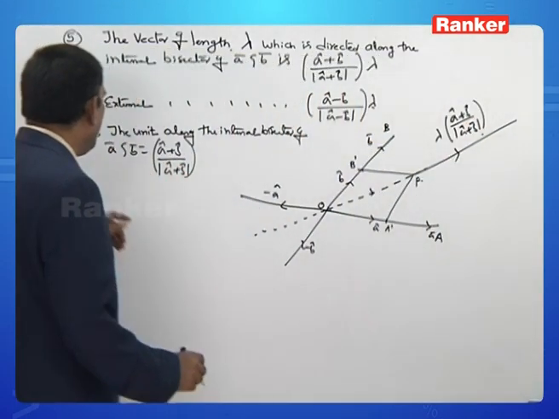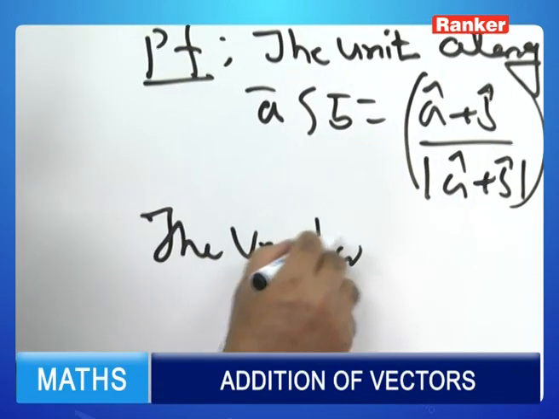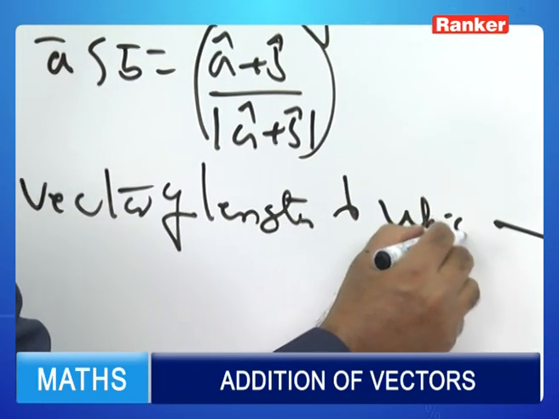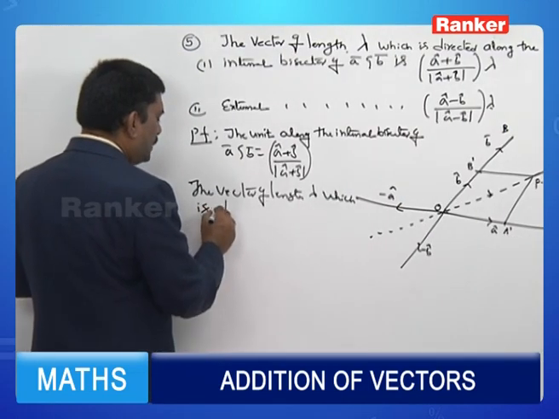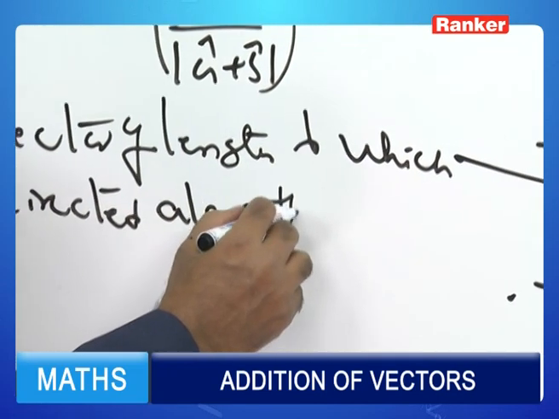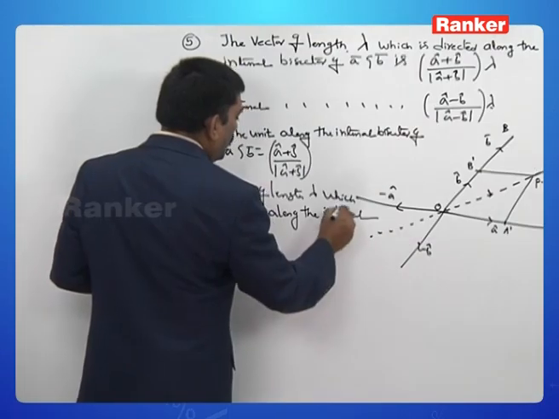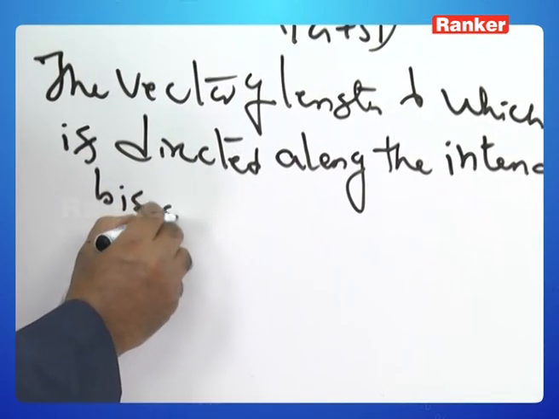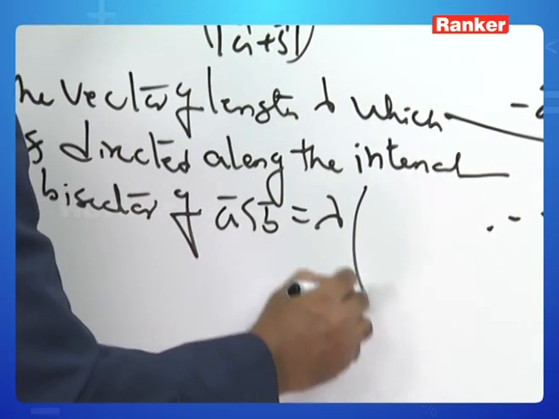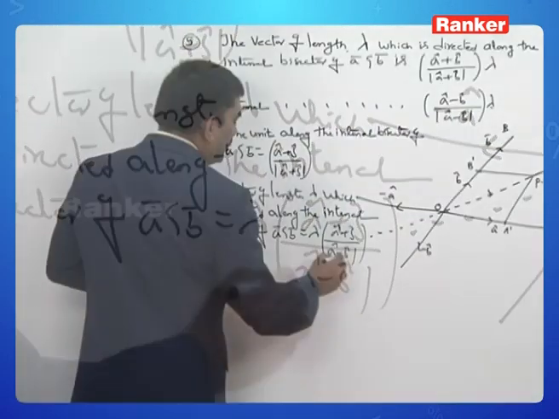So therefore, now I will write the vector of length lambda, which is directed along the internal bisector of A bar and B bar is equal to lambda into A cap plus B cap by modulus of A cap plus B cap.